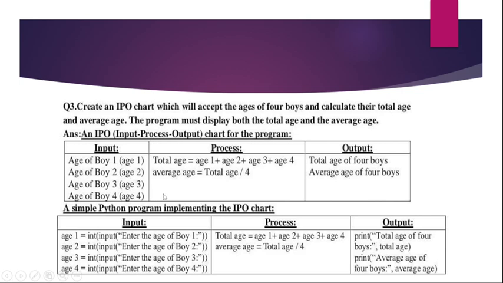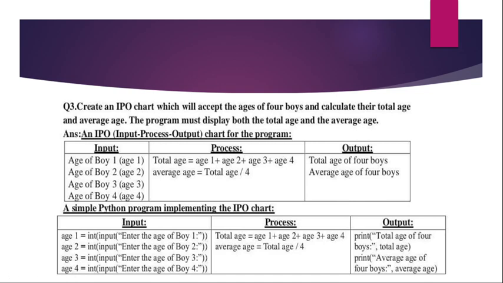In the process column, we need to apply certain rules based on the user's input to achieve the desired output. For example, age 1 plus age 2 plus age 3 plus age 4. Here we use addition sign to calculate the total age of the boys.